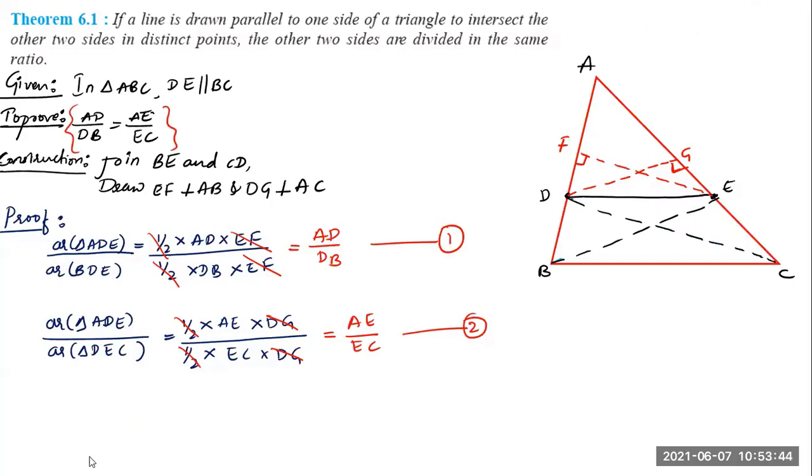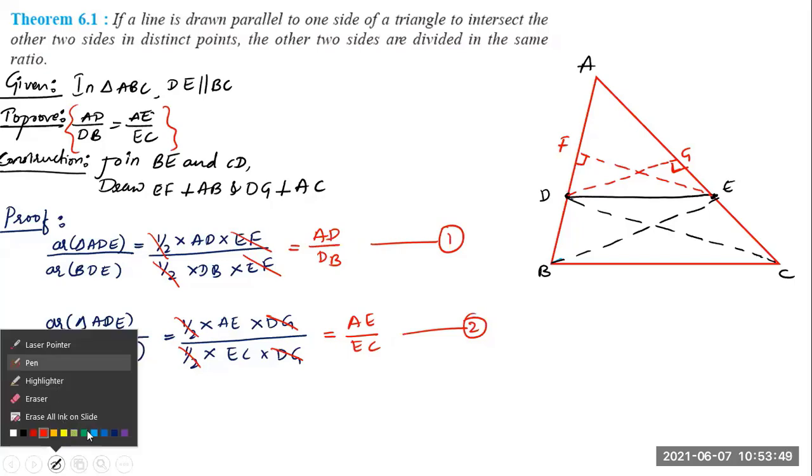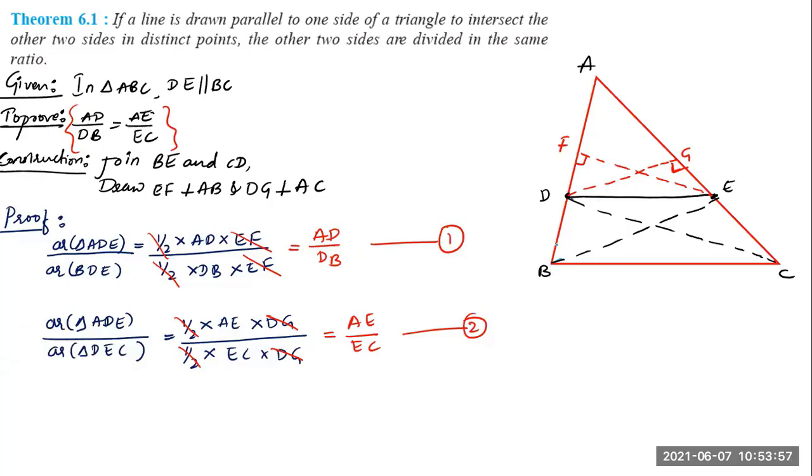Consider the triangle, sorry, not ADE, BDE. Suppose you consider this triangle BDE, and along with that triangle I'll consider another triangle DEC. So these two triangles I am taking, this is one triangle and this is another triangle.